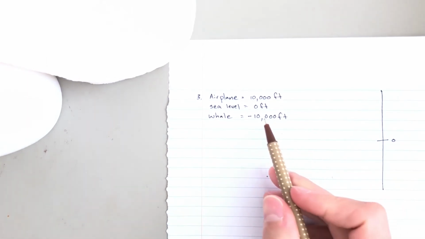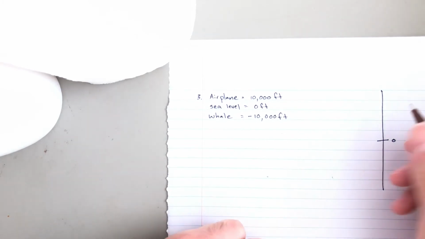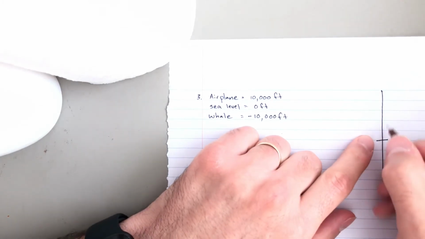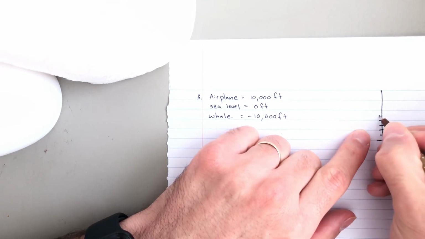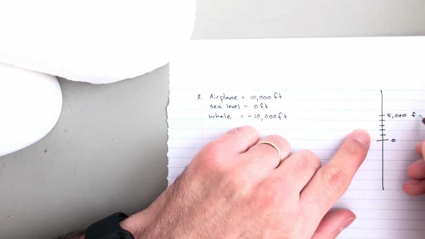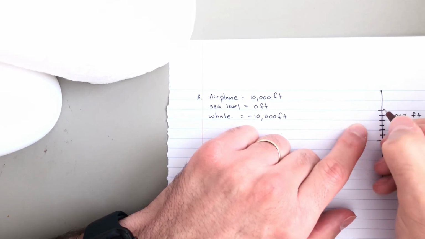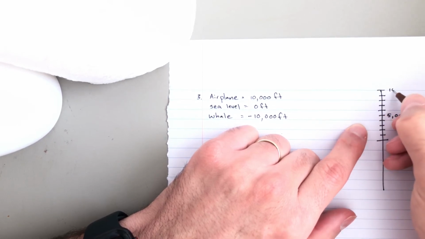And because we're going to such high numbers here, I'm not going to go by units of 1. I can maybe go by units of 5. Or I can go by 1,000s, right? So 1,000, 2,000, 3,000, 4,000. Here's 5,000 feet. 6,000, 7,000, 8,000, 9,000, 10,000 feet.